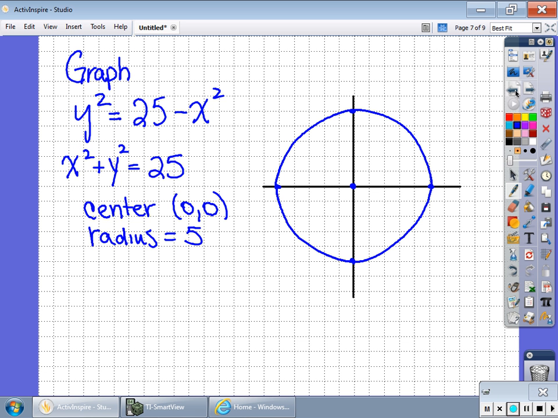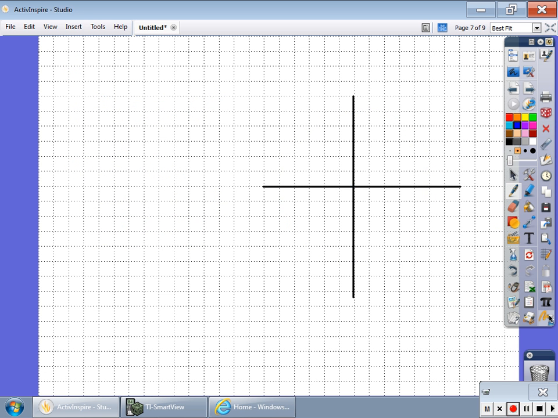The other type of thing that we're going to have to do, and let me clear this right now. There it is right there, is you'll be given a problem that says something like this.